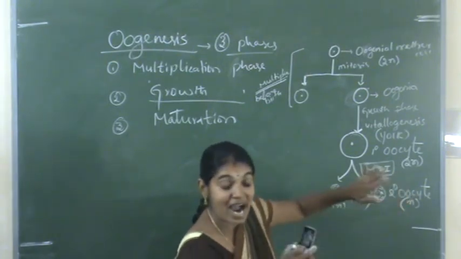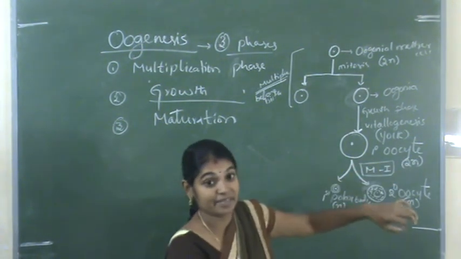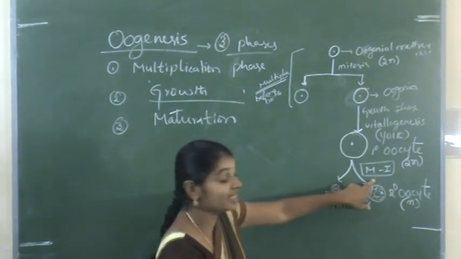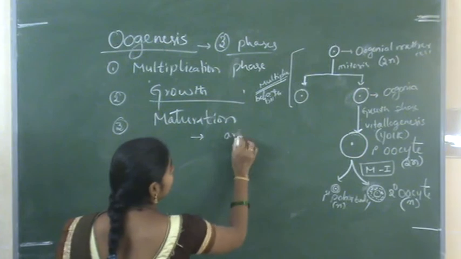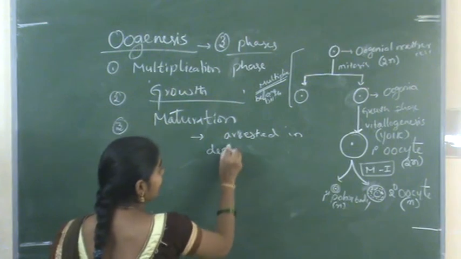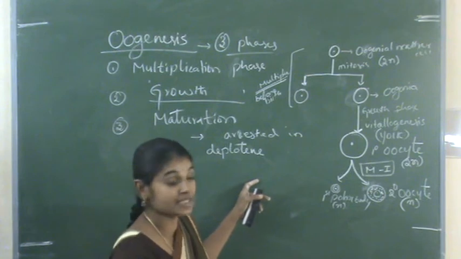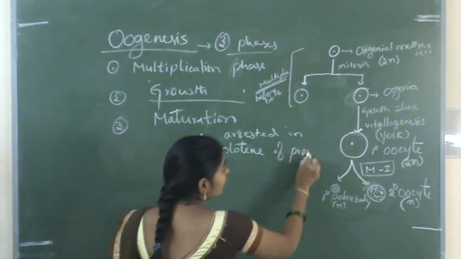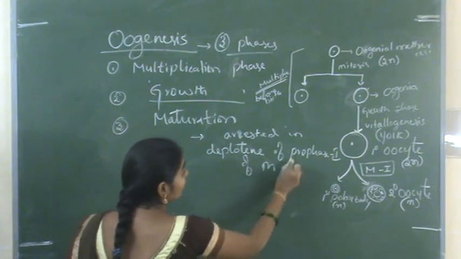And at this stage meiosis 1 is arrested. So this process of development of cells is arrested at this stage, that is arrested in the diploid stage. I think you remember these cell divisions, the meiosis stages: diplotene of prophase 1 of meiosis 1.